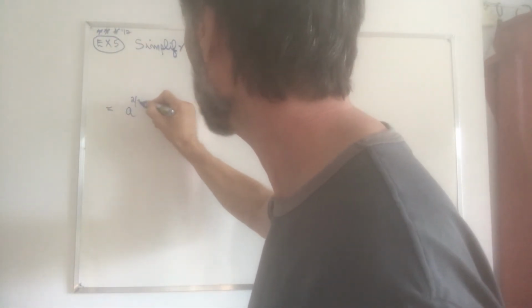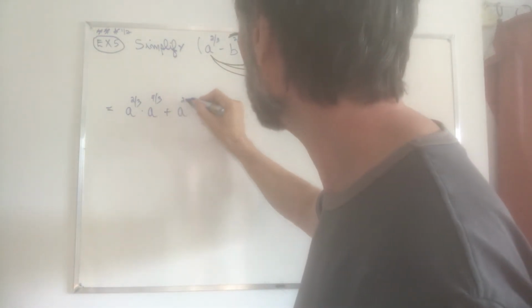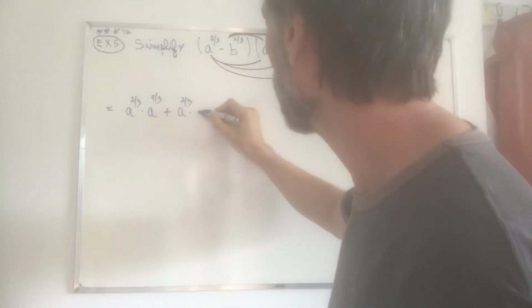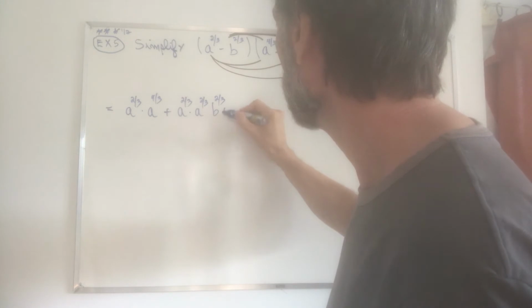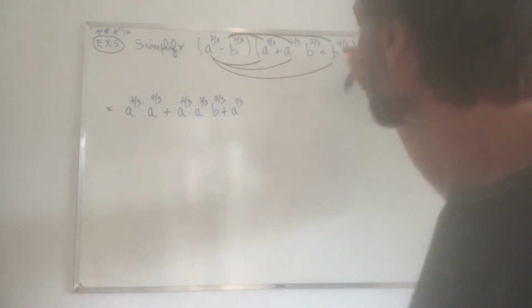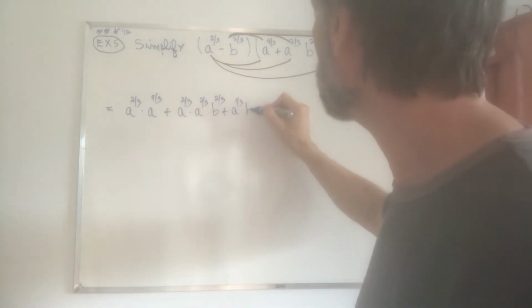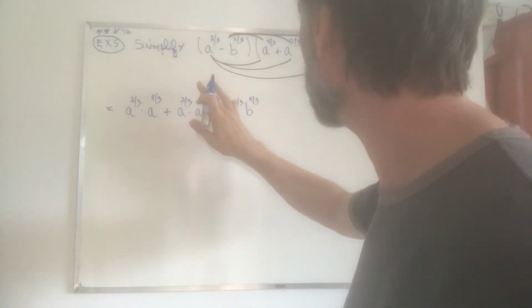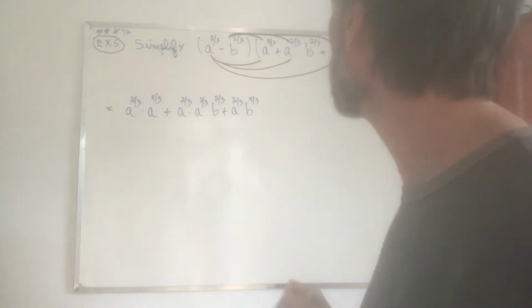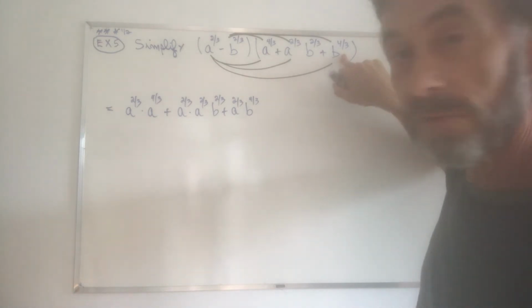All right, so without any further ado, what is it that we get? A to the 2/3 times the first one here, a to the 4/3, plus a to the 2/3 times the middle term, a to the 2/3, b to the 2/3, plus a to the 2/3, sorry, I made a mistake, it is of course still 2/3, this guy here, multiplied by this guy last, b to the 4/3.